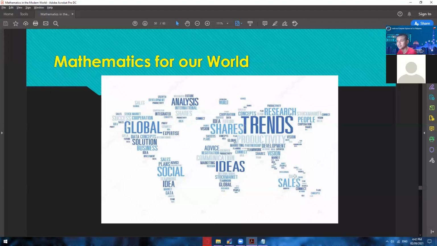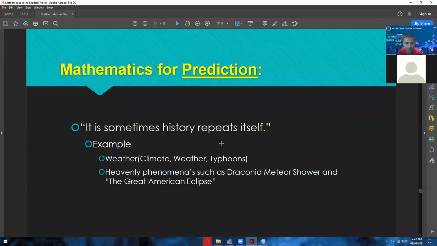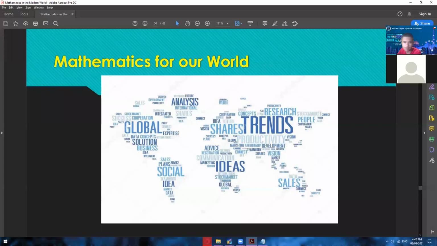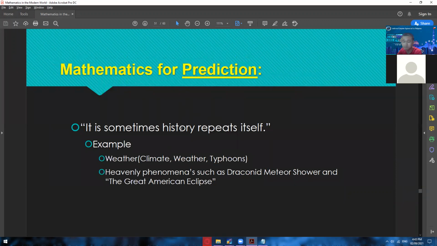And the next one is prediction. Of course, if we have that kind of data coming from organization, like thousands of babies being born every second, we can predict something. Sometimes history repeats itself.